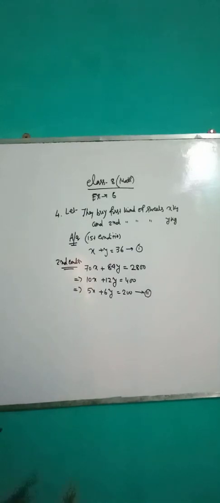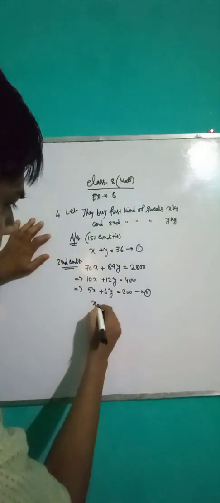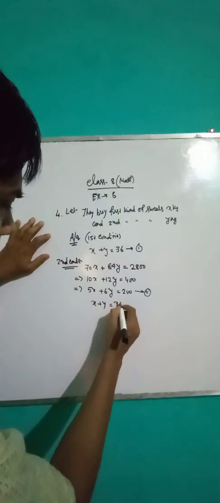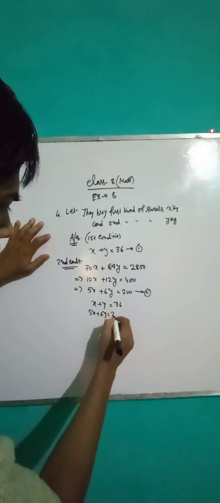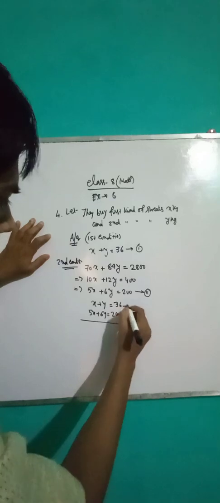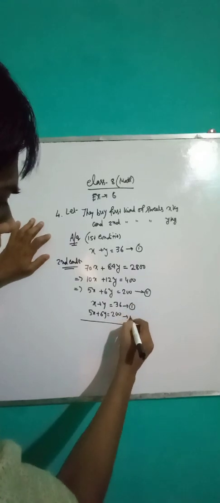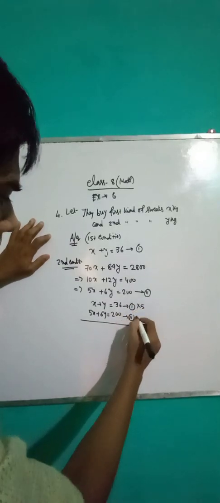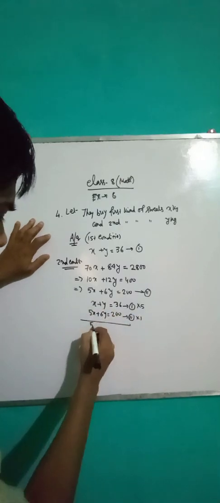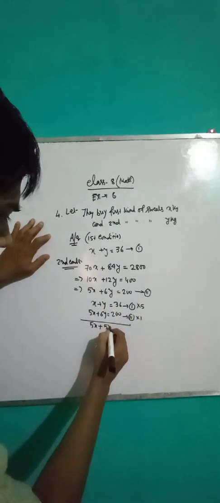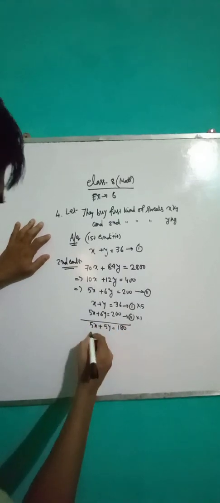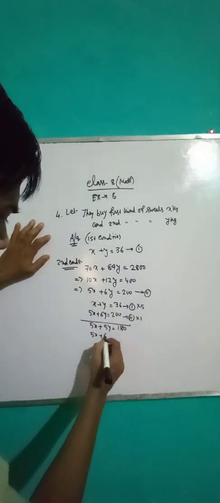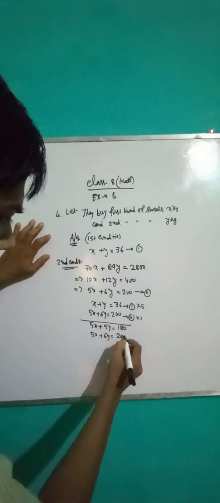So now solve these two equations. First is x plus y is equal to 36. Second is 5x plus 6y is equal to 200. Now multiply this by 5, this by 1. So 5x plus 5y is equal to 180, and 5x plus 6y is equal to 200.